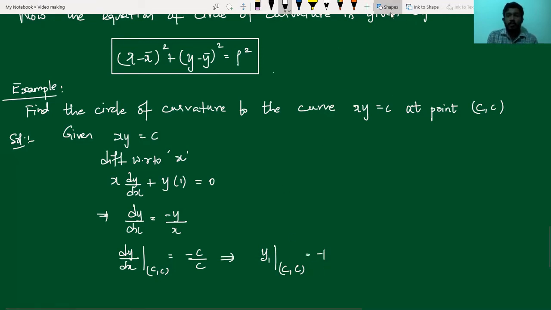Now, in order to find the second order derivative, I differentiate equation 1 with respect to x one more time.